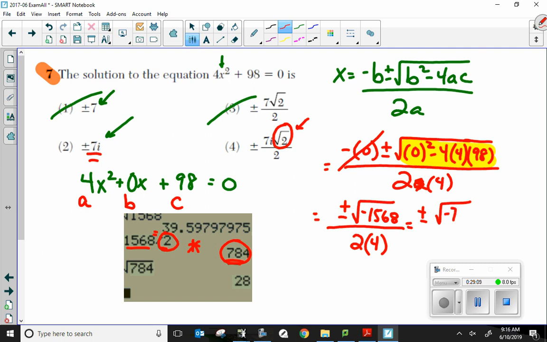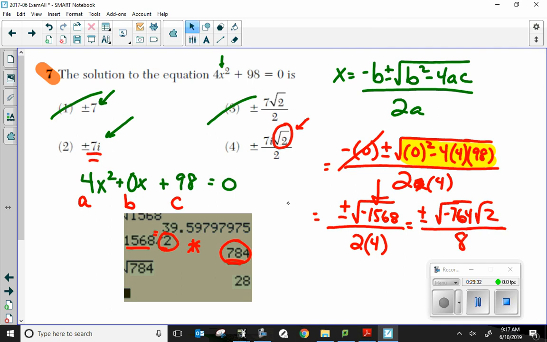So if I multiply those two together, I get my 1568.